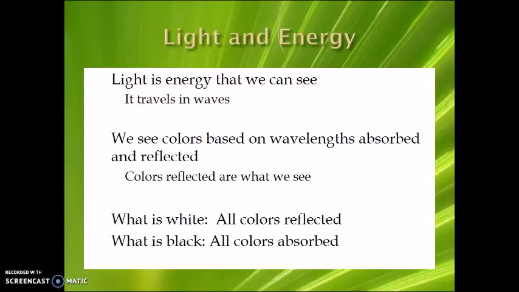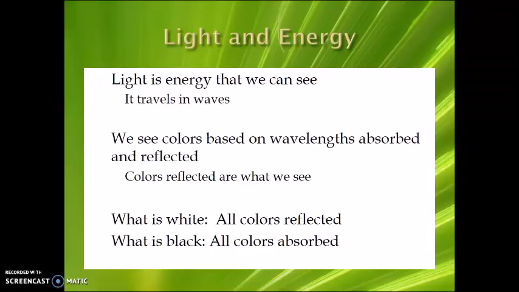Okay, so how much energy is in light is based on its wavelength. It's traveling in a wave. If it's traveling in a very slow, long wave, then it's very low energy. But if it's traveling in a very tight, fast wave, it's high energy. And our eyes are going to reflect that a different way for us. It's going to convert it into colors.